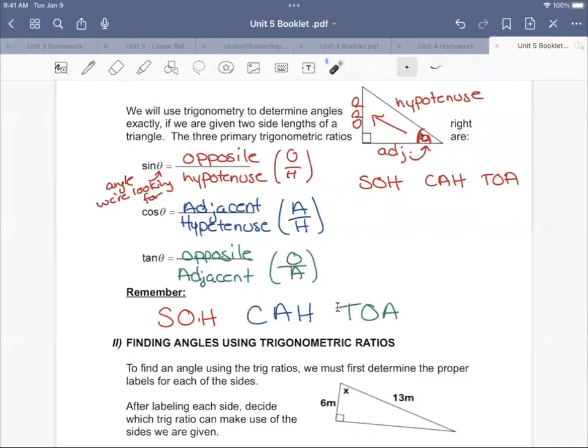And that's where we end up getting the saying SOHCAHTOA. That is just a quick, easy way to remember what you have to find for each angle.